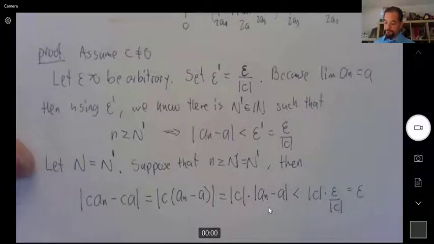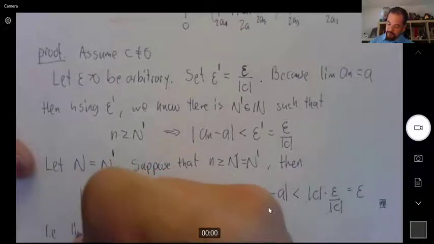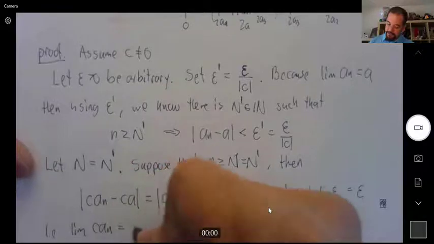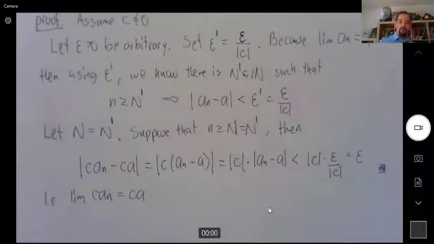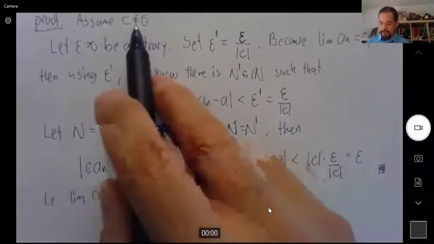So we are done. This means that the limit of C a_n is C A. All right? We're done in the case where C is not 0.